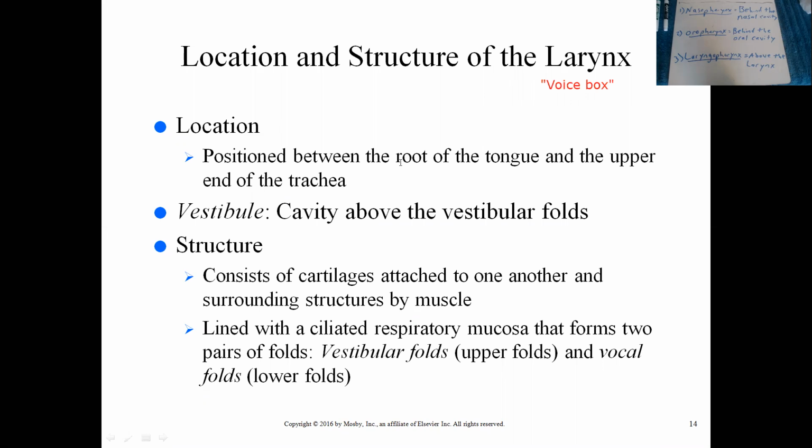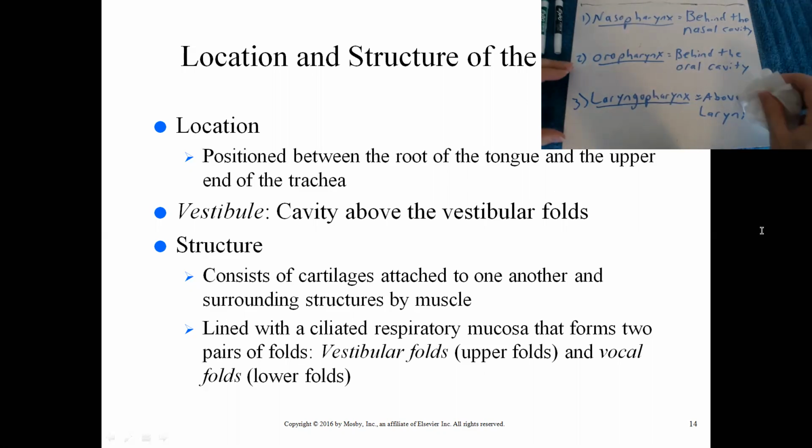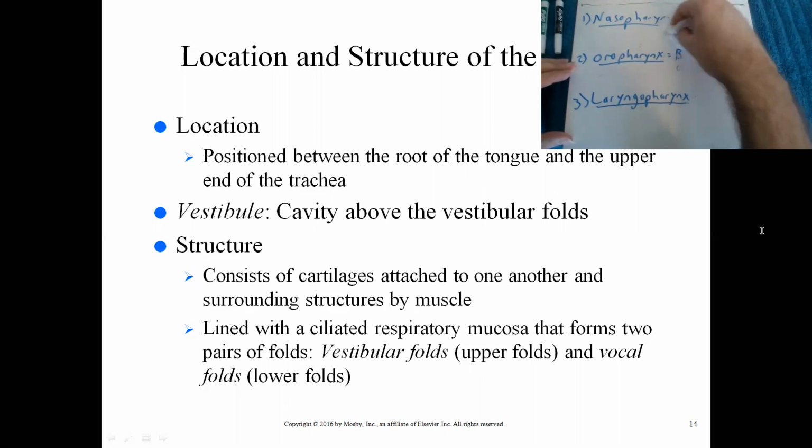It has a few parts to it, mainly composed of the walls, although there are a couple structures on the inside. And if I were to draw this from a side view, we'll see a picture of it in just a moment. But so I can talk about the structures on this slide, I'll draw out a little drawing. This will be a side view.